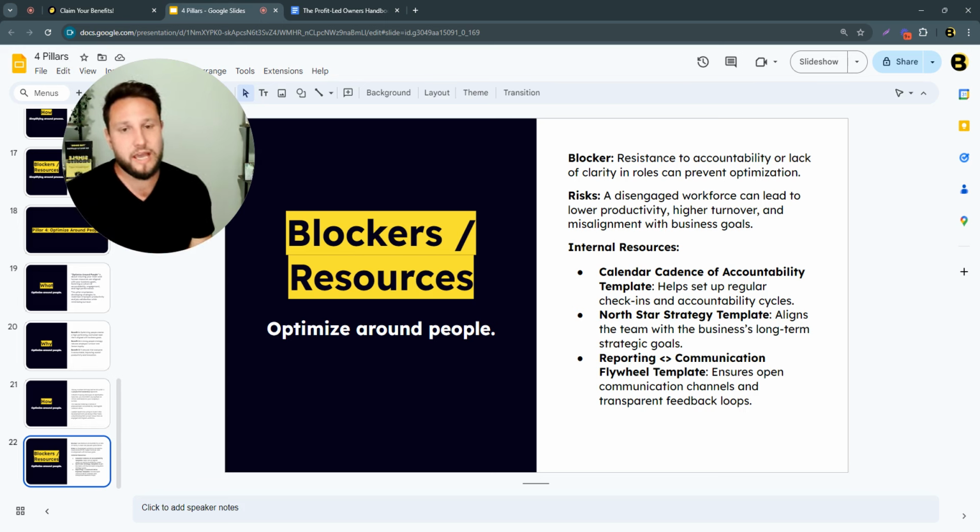The resources that we have are tied to templates inside of the EMS. This is one of the areas that we're constantly thinking about, and we're always optimizing. I mean, we're always optimizing everything, but especially the ability to optimize around people, because the concept of workplace culture and how to approach it is always changing and evolving. There are always new things you can implement. And then it's around simplicity, right?